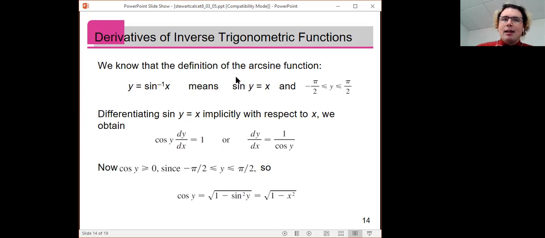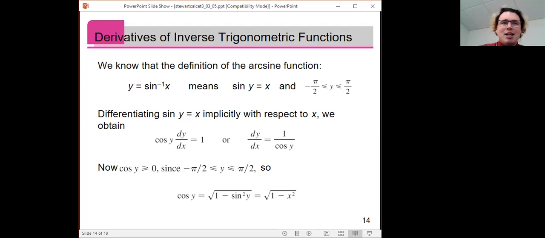Okay. On the left-hand side, again, I have this situation where I'm taking the derivative of a function in y, and I am using the differential operator d on dx. I'm taking derivative in the x variable. That means I'll get the derivative of that function, which is the cosine of y, but I also need to multiply by my dy on dx. dy on dx is the conversion rate.